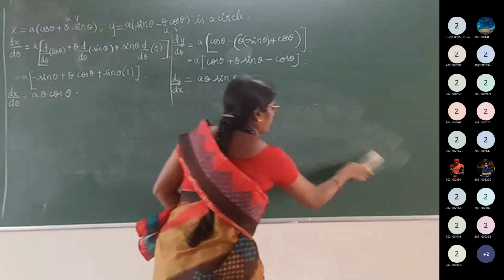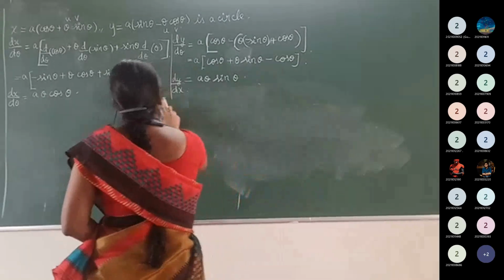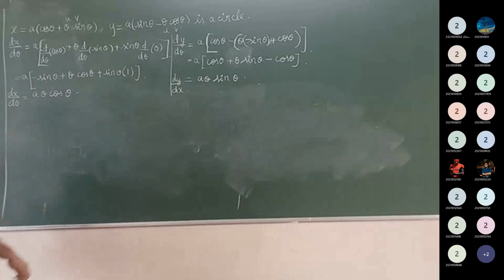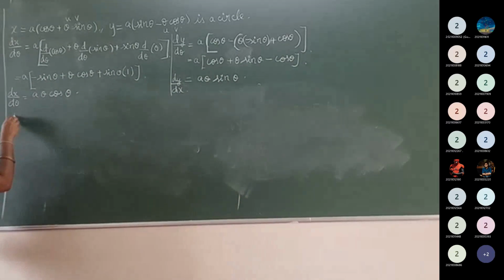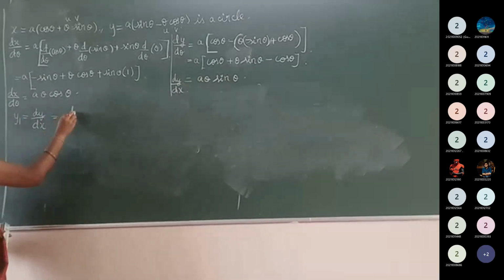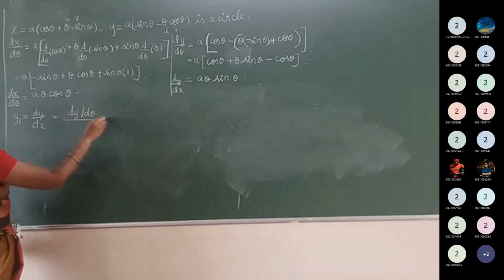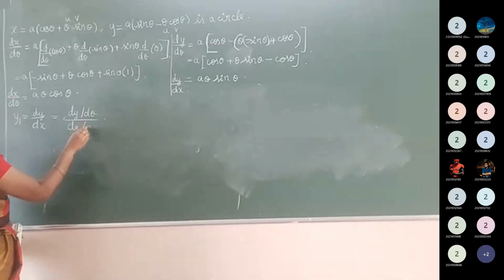Then next you need to find your first derivative. What's your first derivative? y1 is equal to dy by dx, which is equal to dy by d theta divided by dx by d theta.